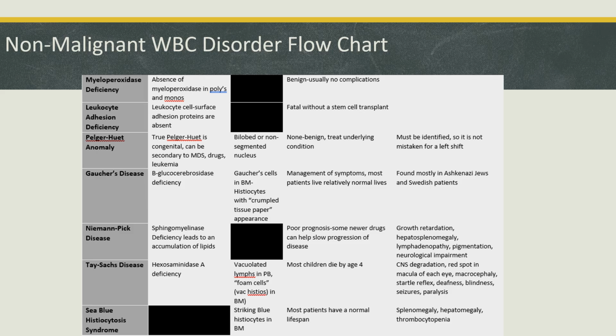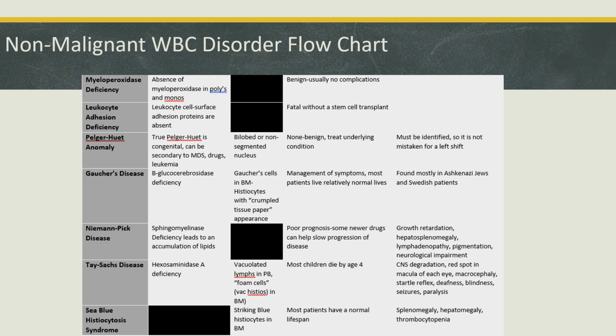In Tay-Sachs disease, the cause is going to be hexosaminidase A deficiency. There may be vacuolated lymphocytes in the peripheral blood, aka foam cells, and then vacuolated histiocytes in the bone marrow.